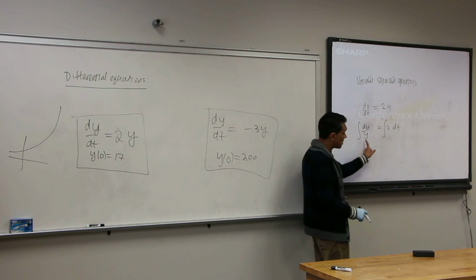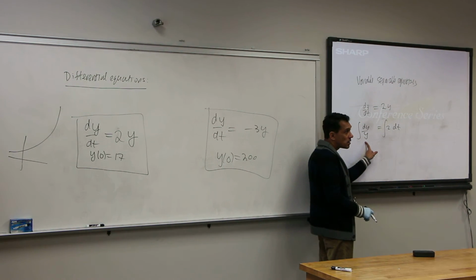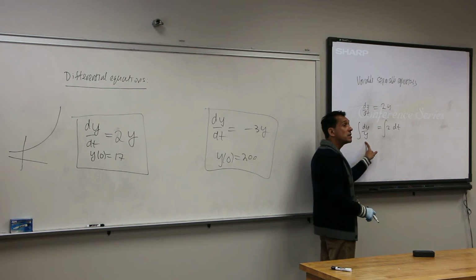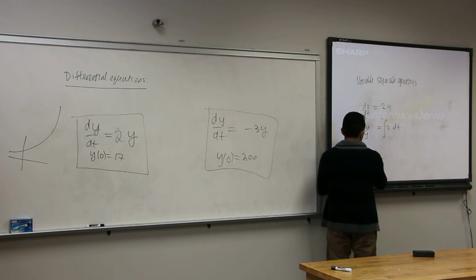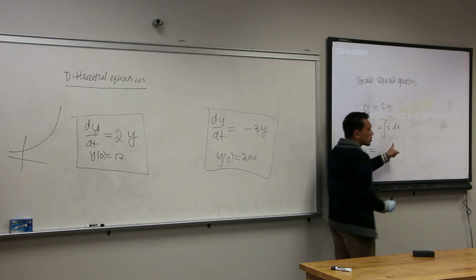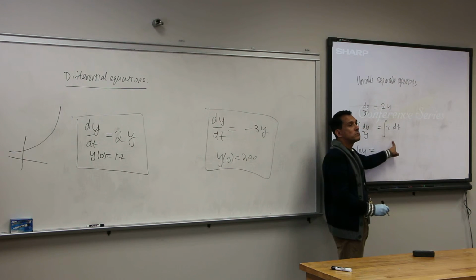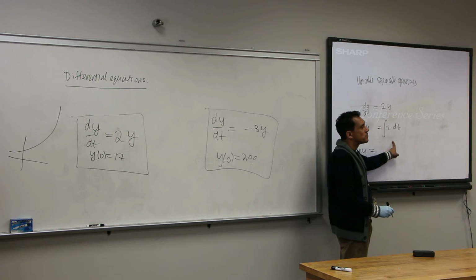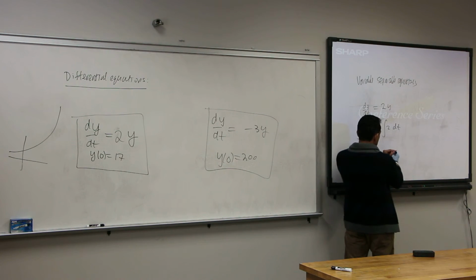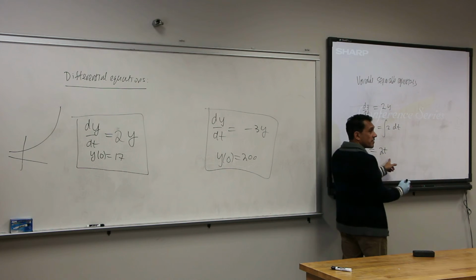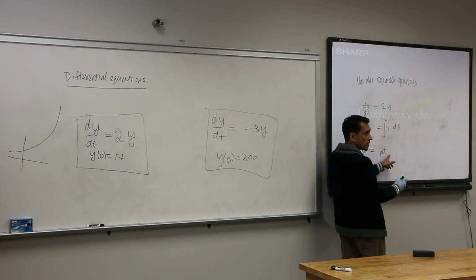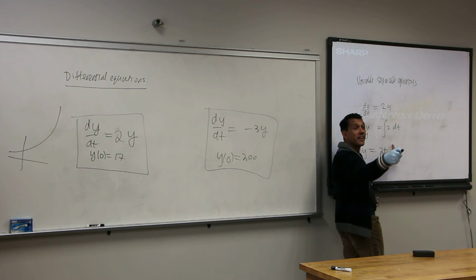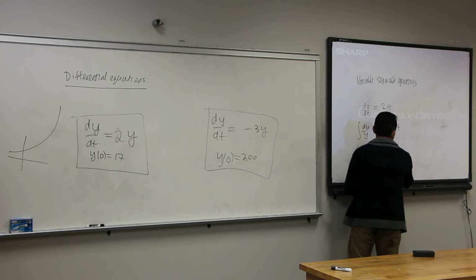What is this? It's ln of y. ln of y is equal to 2t. Wait, 2t? Yes. Plus C. And that's your solution.